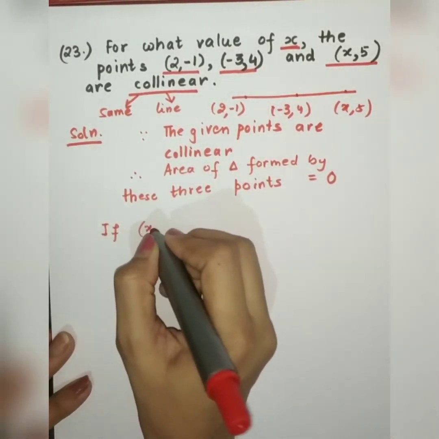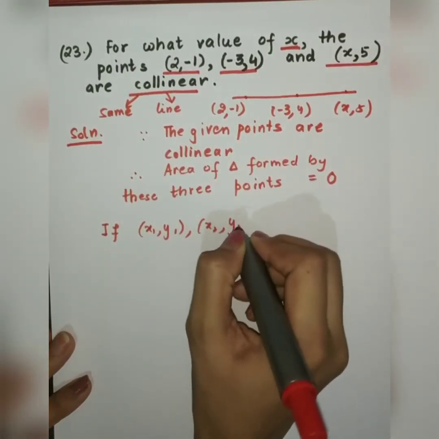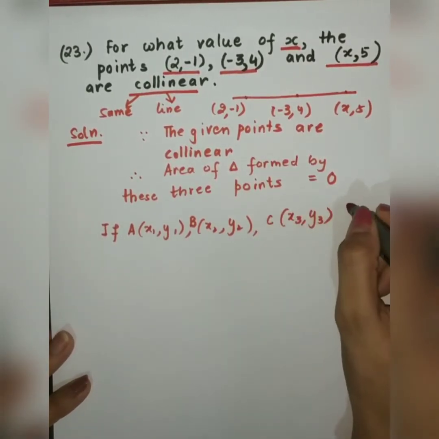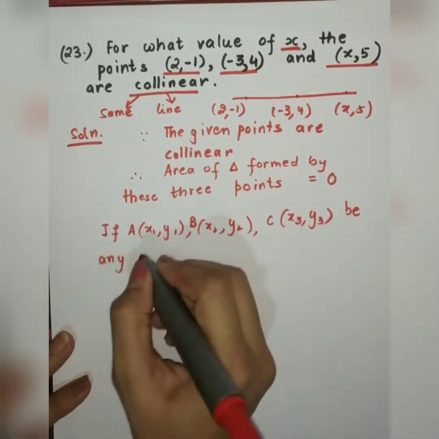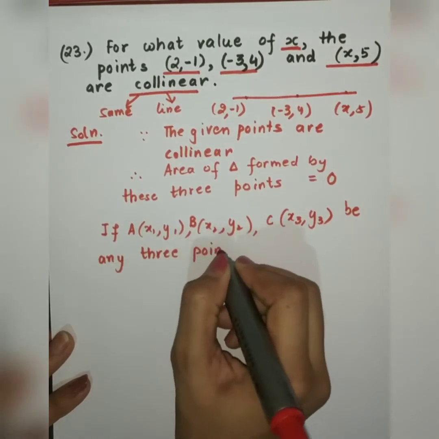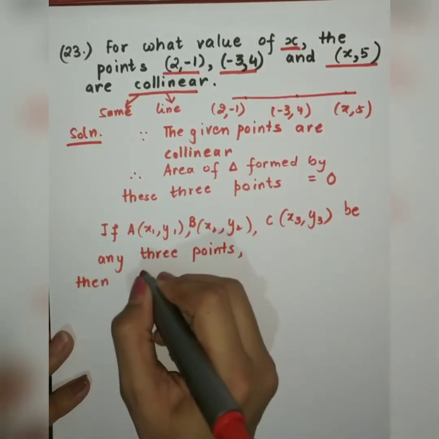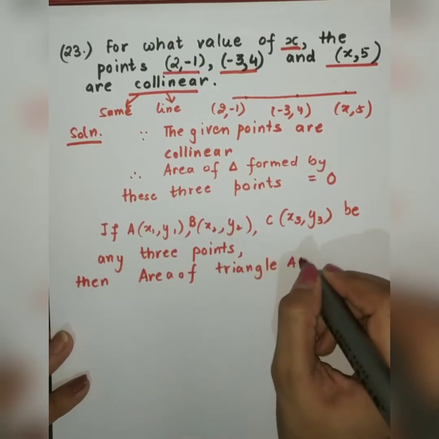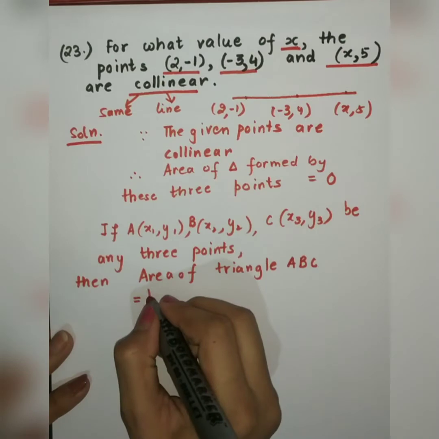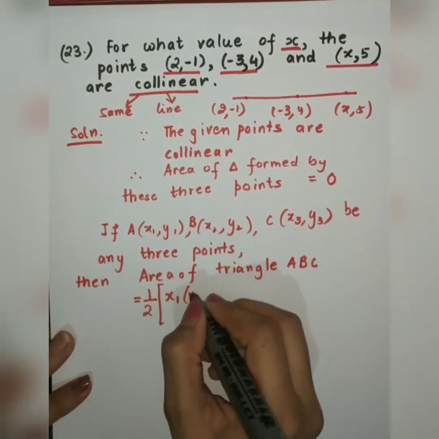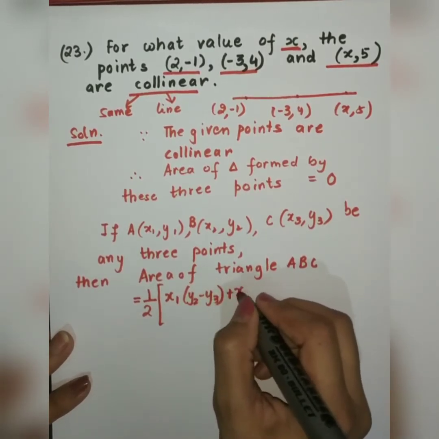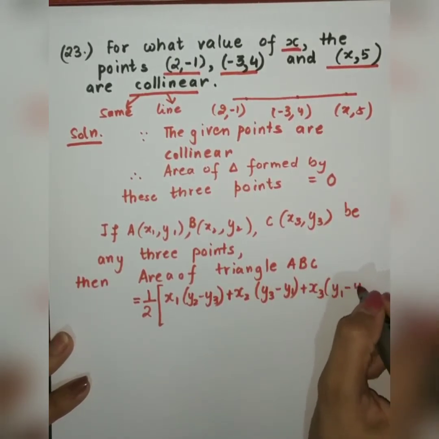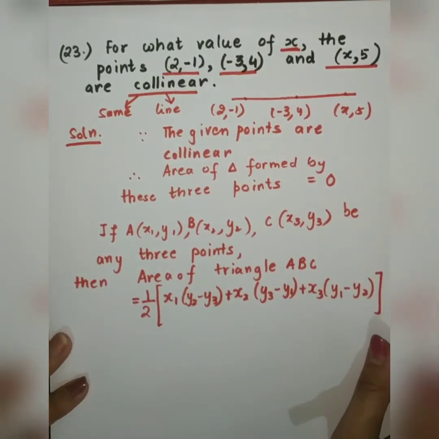Let us say that if (x1, y1), (x2, y2) and (x3, y3) are any 3 points, call them A, B and C, then the area of triangle ABC will be equal to half of x1(y2 - y3) + x2(y3 - y1) + x3(y1 - y2). Clear? You have to remember this result.